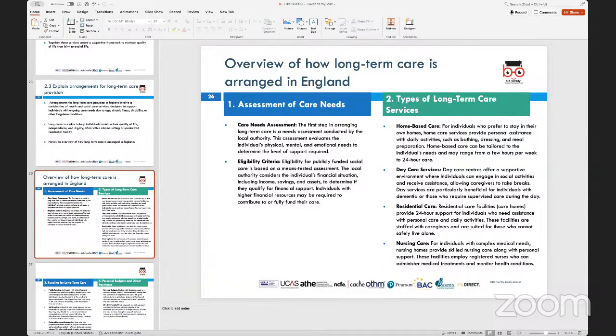Now, who is eligible, at what stage they would start getting this care, and what types of care they would get is something first diagnosed and discussed when we talk about long-term care. Whether it's personal care, which is assistance with daily activities like bathing, dressing and eating, or medical care, which is ongoing medical treatment that could require supervision, including skilled nursing.